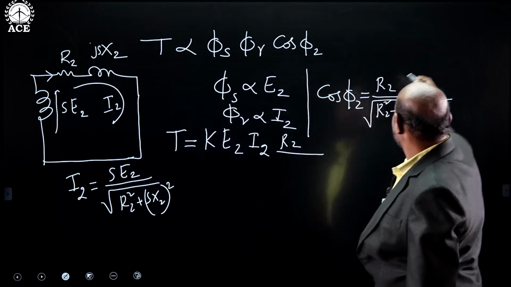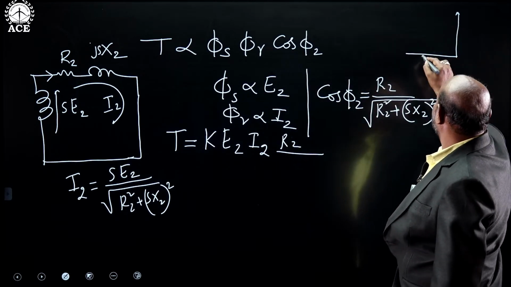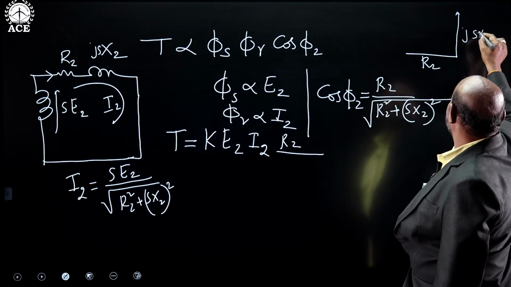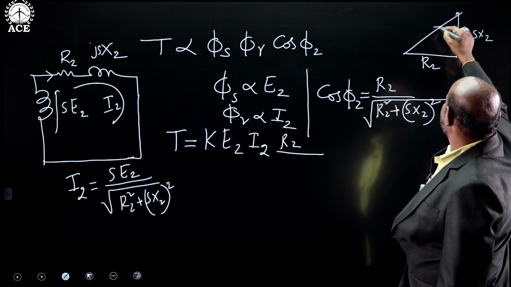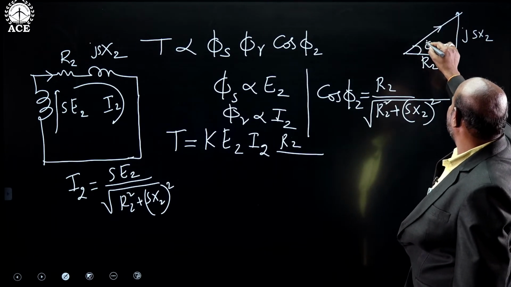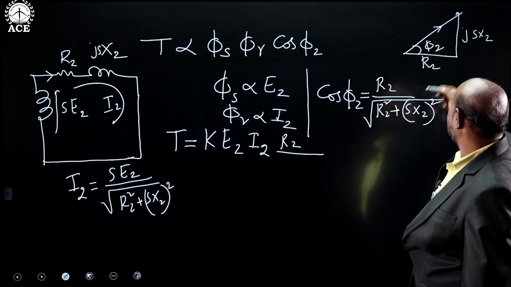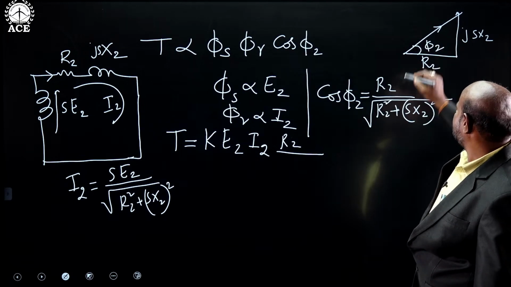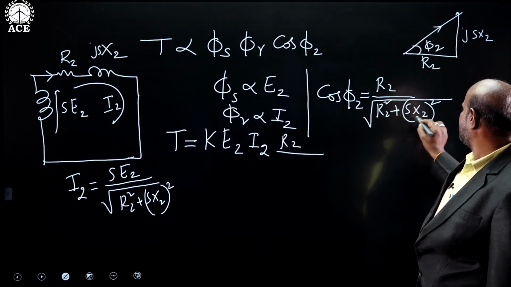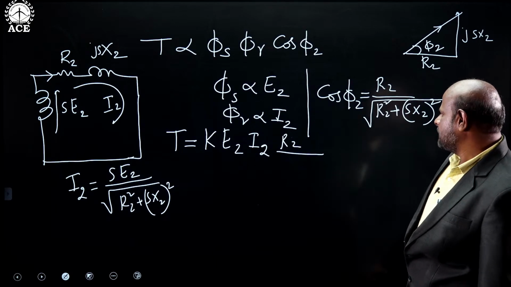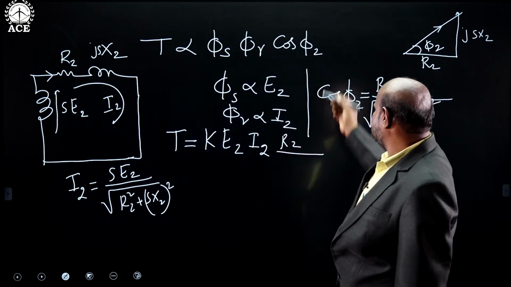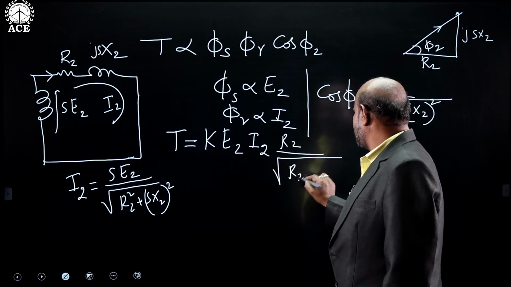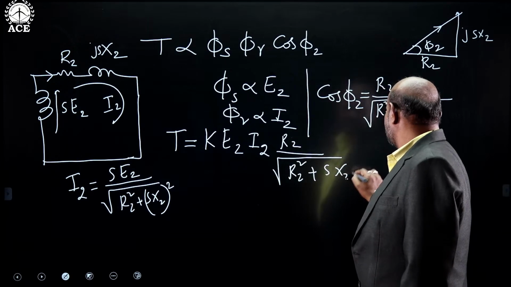And from this right angle triangle, we can consider this is R2, this is S X2, and this is the hypotenuse. The phase angle between R2 and j X2 is phi 2. So from this right angle, cos phi 2 is adjacent by hypotenuse, so R2 by square root of R2 square plus (S X2) whole square.